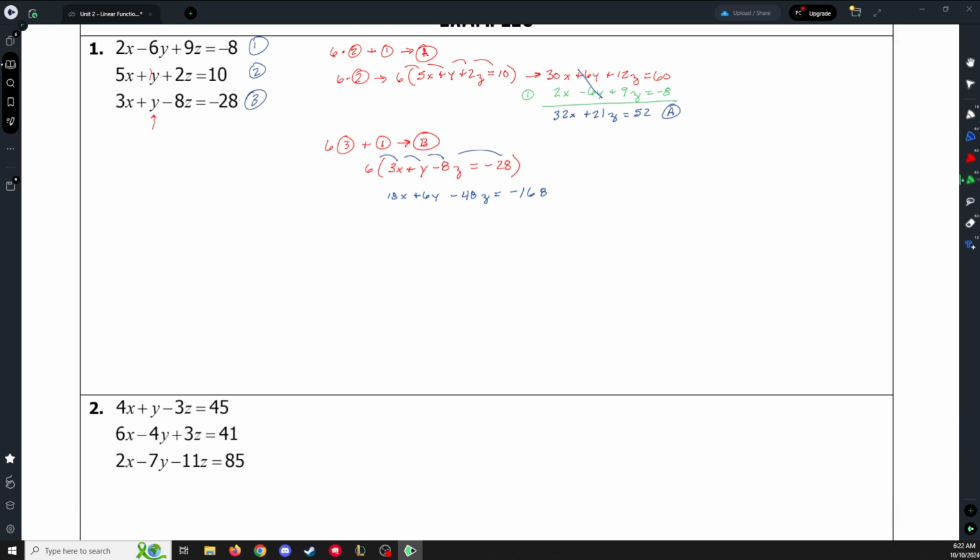So this is 2x minus 6y plus 9z is equal to negative 8. Add these two things together. This is going to give me 20x. The y's will eliminate. And if I subtract 9 from 48, I get a minus 39z. That is absolutely awful. Then I add these two together and I get a negative 176. So this is B.